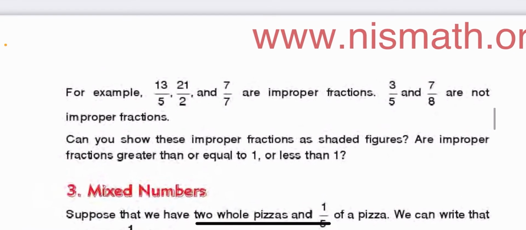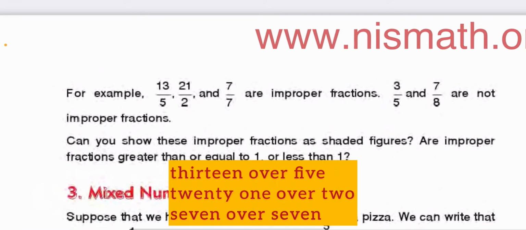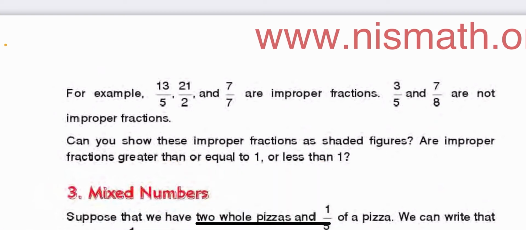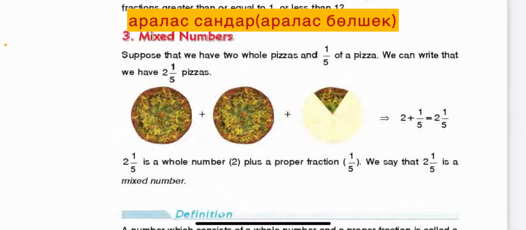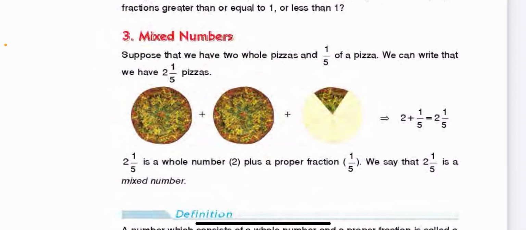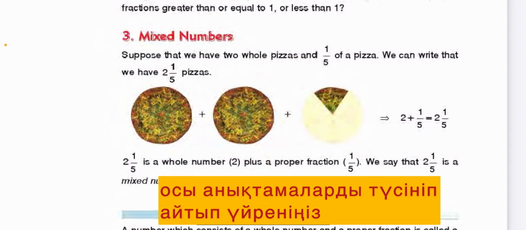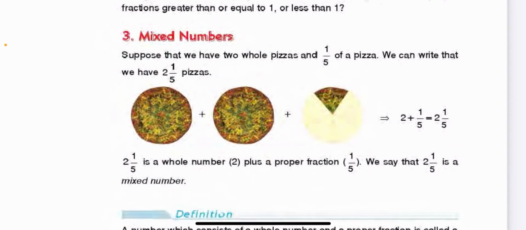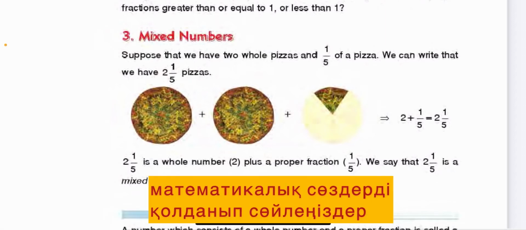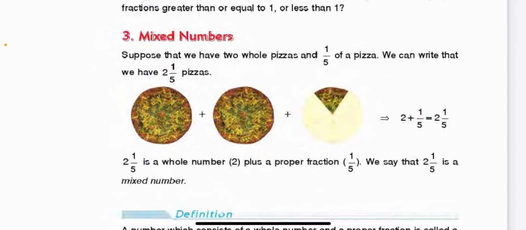Example: 13/5, 21/2, 7/7. Improper fractions. Now, what are mixed numbers? Guys, please know the definitions and try to explain these terms, because I will be giving you tasks with questions, not only problems. We have to be able to say and define what the terms are.